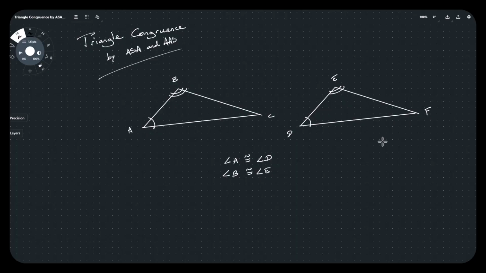What I know is that the sum of my angles in a triangle has to be equal to 180 degrees, or if you're particularly mathy, you might say pi radians, right?